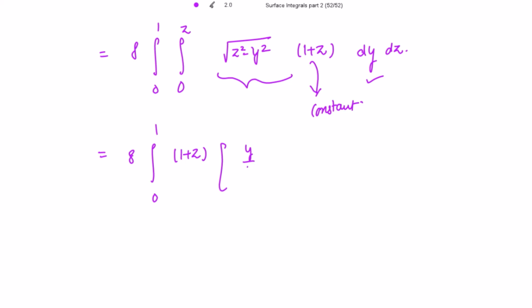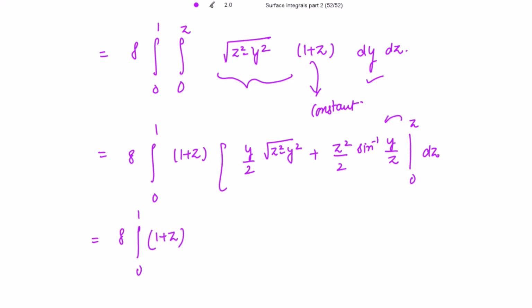So this is y divided by 2 times the square root of z² minus y², plus z² divided by 2 times sine inverse of y by z, with limits 0 to z, dz. Putting the upper limit z in place of y, we get z by 2 times the square root of z² minus z², that becomes 0, plus z² by 2 times sine inverse of z by z, that is sine inverse 1, which is pi by 2.